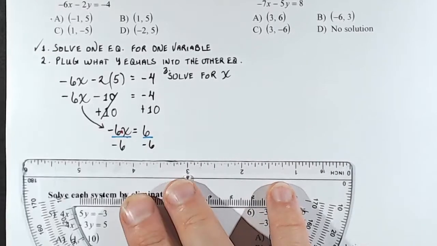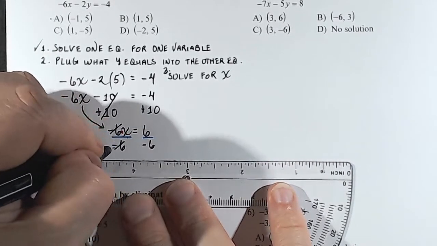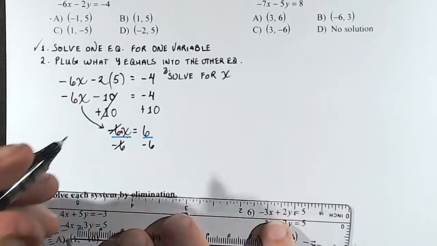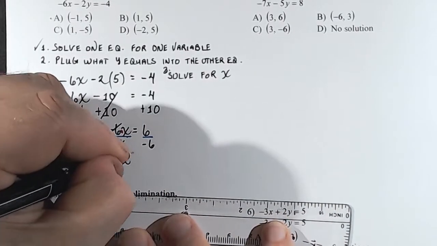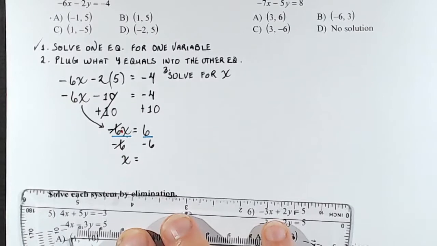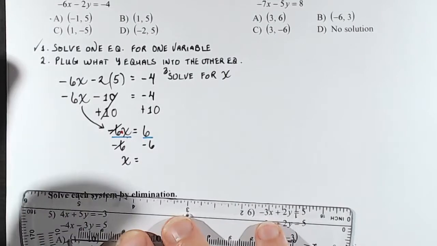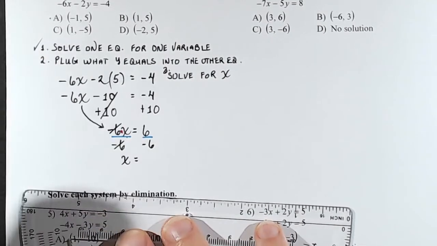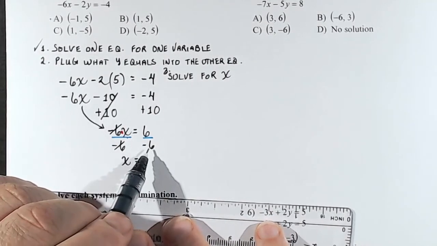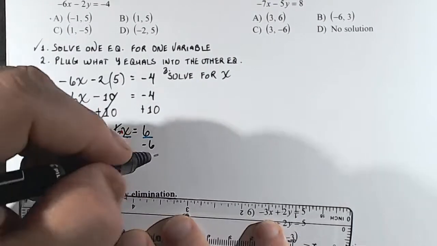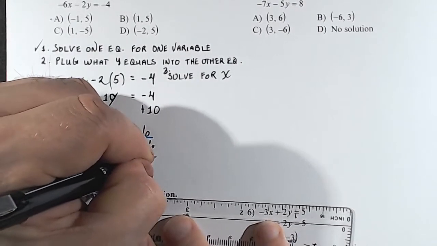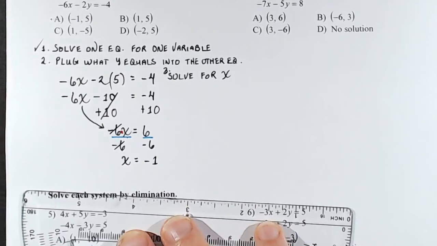Okay, -6 divided by -6, those cancel out because that's just 1. And now I'm left with x equals 6 divided by -6. Let's see, 6 over 6 reduces down to 1, and then I have this negative here. So it's -1. X is -1.